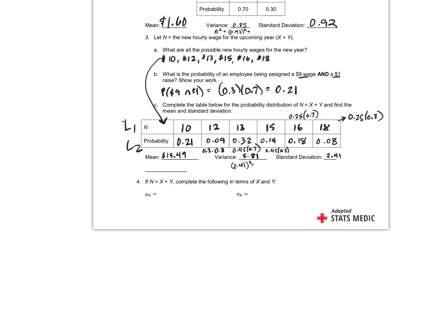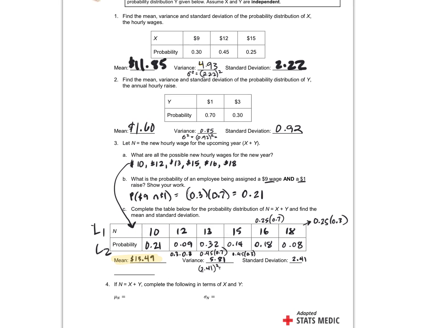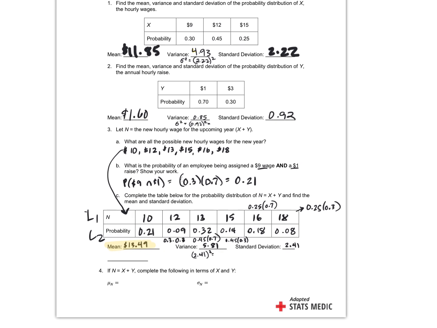So if I'm looking at this, the mean of my combination, how does it compare to the original mean of x and the mean of y? What do you notice? It's them straight up added together, right? Just like it says, x plus y. $11.85 plus $1.60 gives me roughly $13.49.